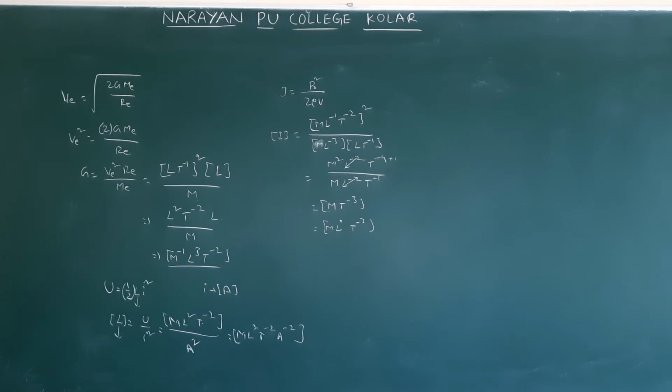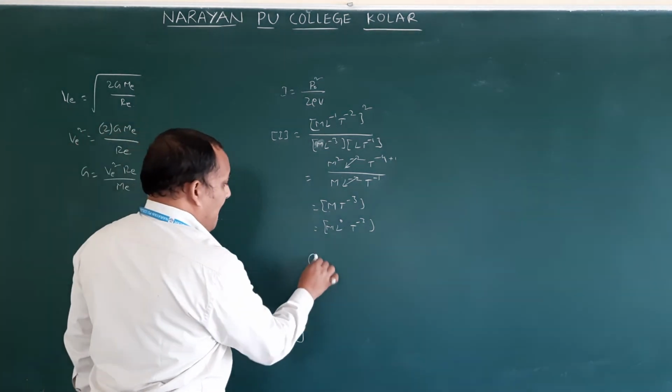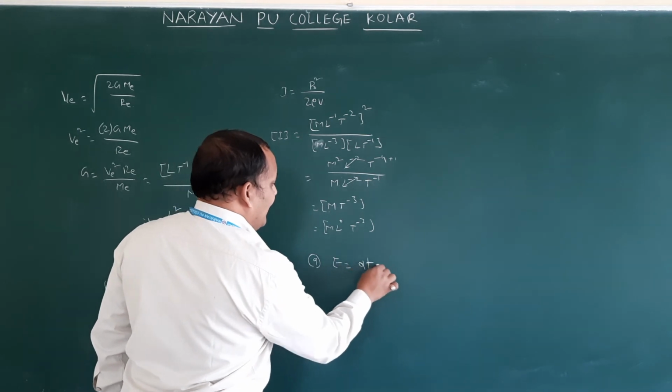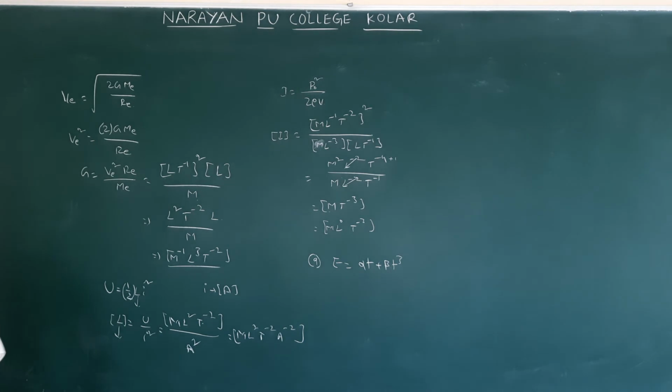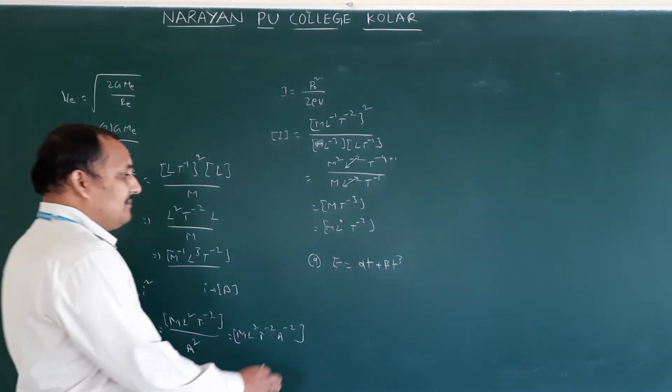Next, ninth one. The energy E is given by alpha t plus beta t cube, where E is nothing but energy and t is time. Then they ask the dimensions of alpha and beta. Very simple one.